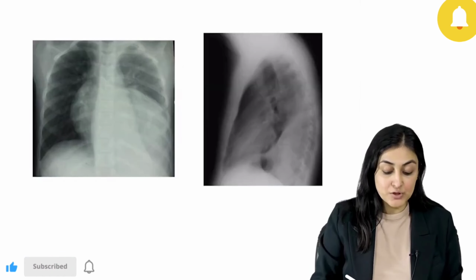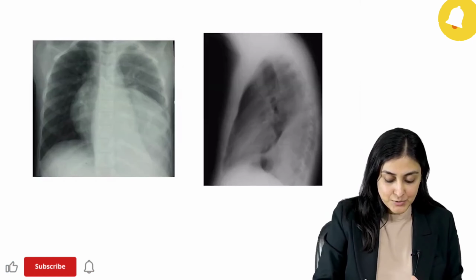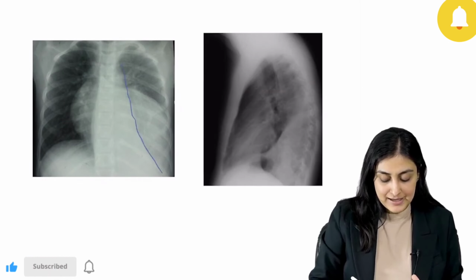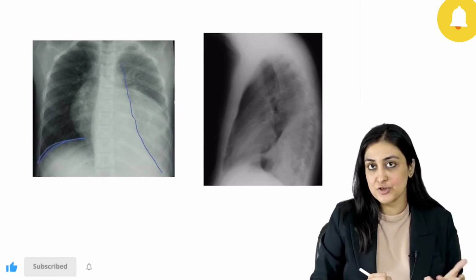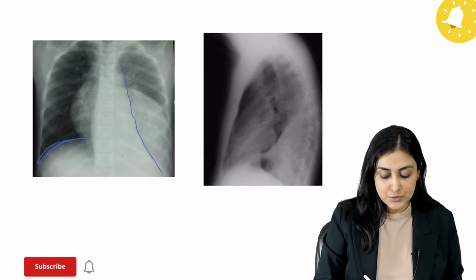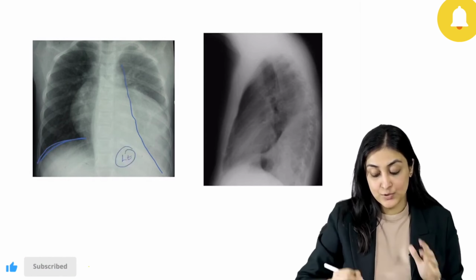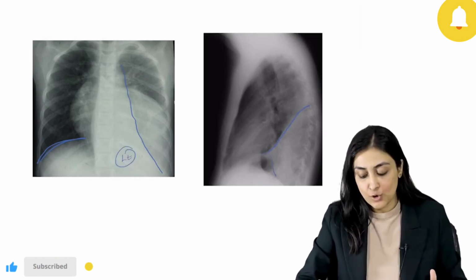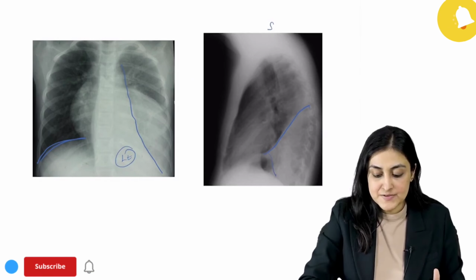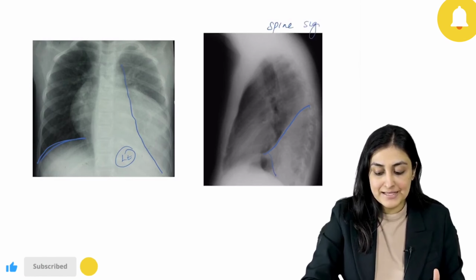On the other hand, lower lobe opacities. Look here. Can you see this opacity and the left diaphragm? This is the right diaphragm. Can you see the left diaphragm separately? No. So this lesion is silhouetting the left diaphragm. And on the lateral view, remember, we can see that it falls behind. It obliterates the spine, and this is what is referred to as the spine sign.